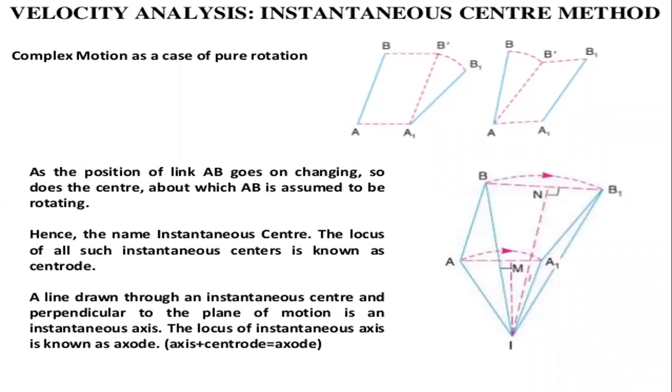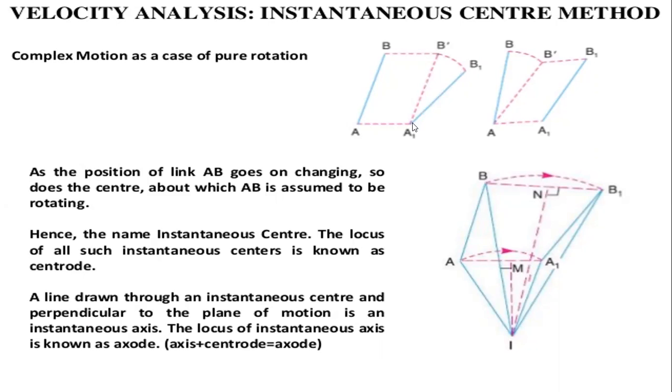As the position of the link AB goes on changing, so does the center about which AB is assumed to be rotating. Here we can see the rotation of the AB link.